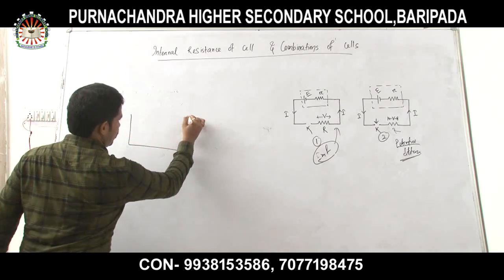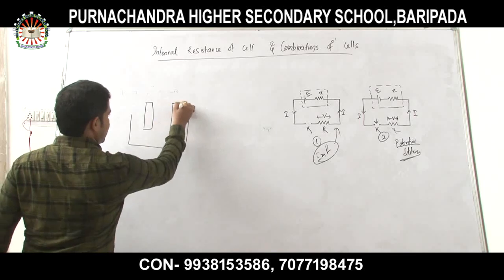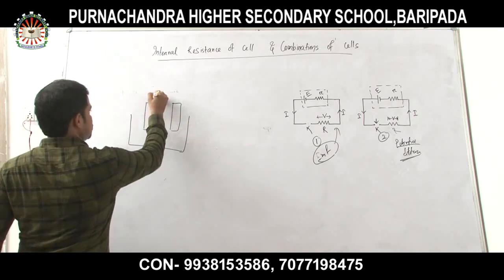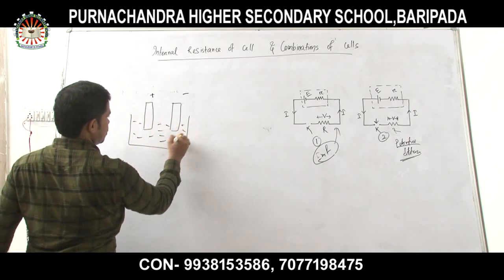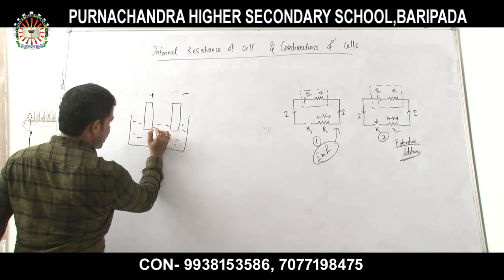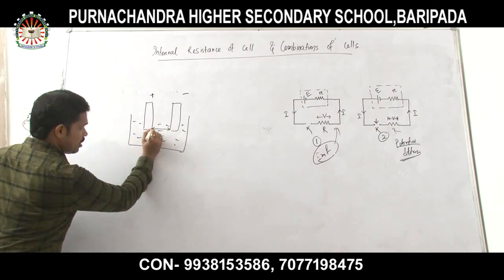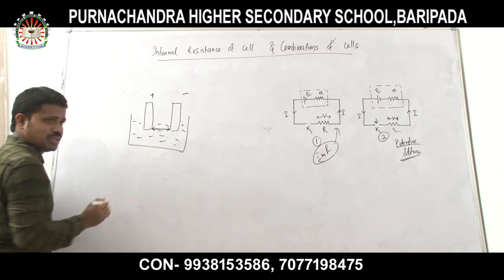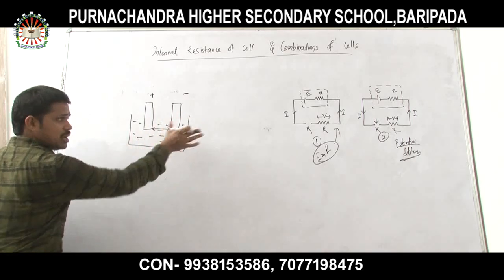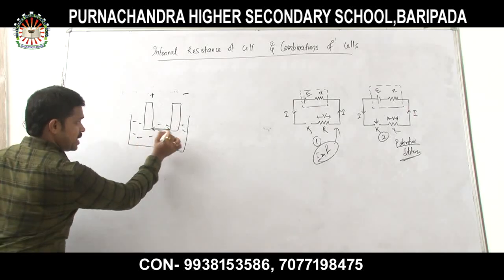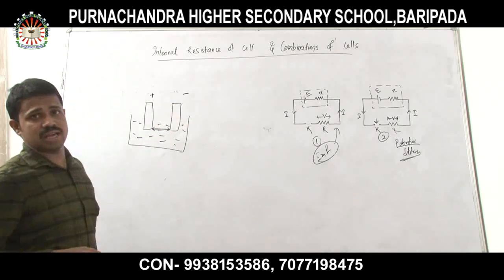For example, look at it. Suppose this is one electrode, this is the other electrode, this is the positive electrode, this is the negative electrode, and these are the electrolytes. Now within these two electrodes there is a space, so there is this gap. Look at this very carefully, this is the space in between. Okay, so if the space is larger, remember, then the internal resistance of the cell is also higher.